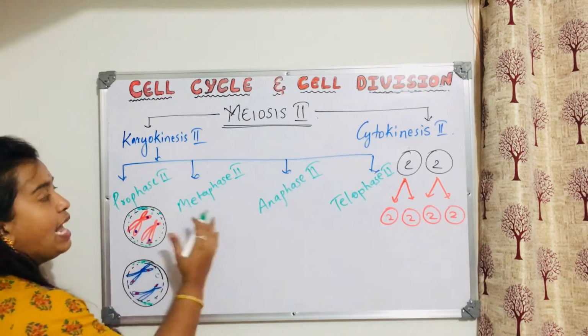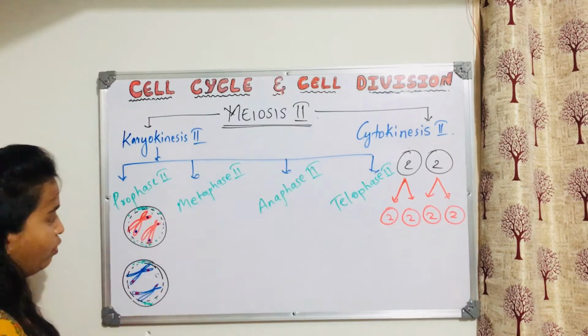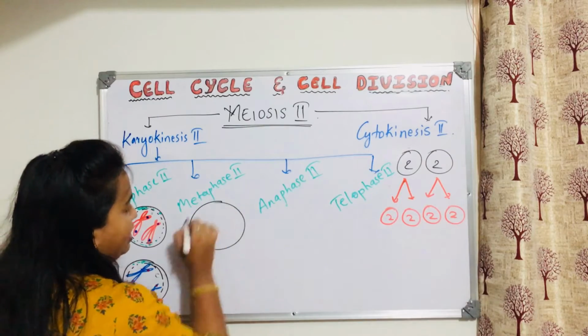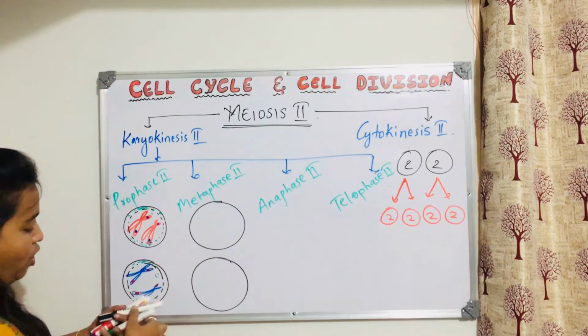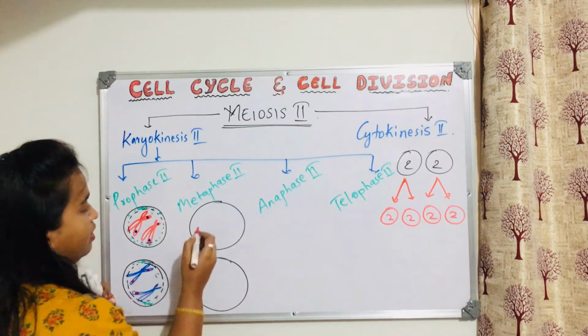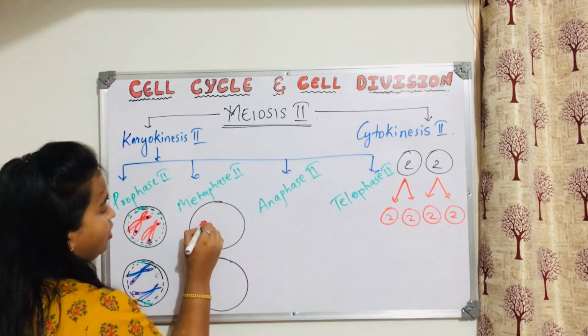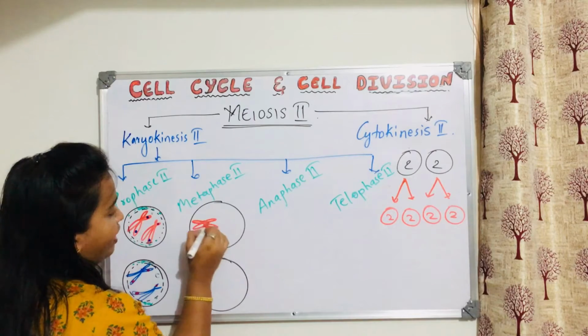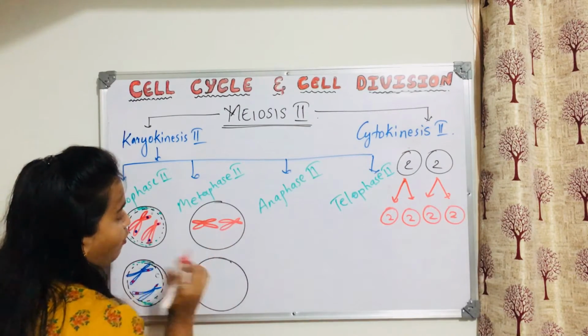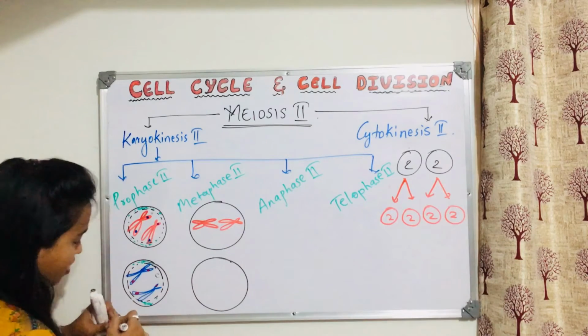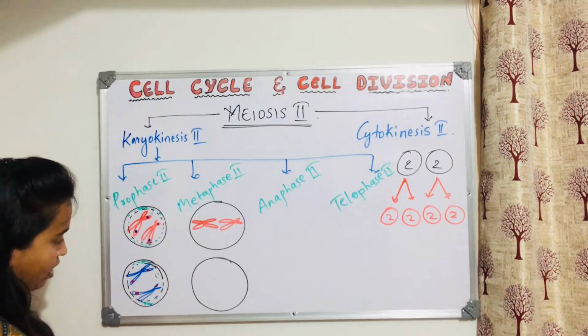Right? What will happen in the metaphase? You already know that in metaphase the chromosomes will be brought to the center. What is the difference between metaphase 2 and metaphase 1 of meiosis?